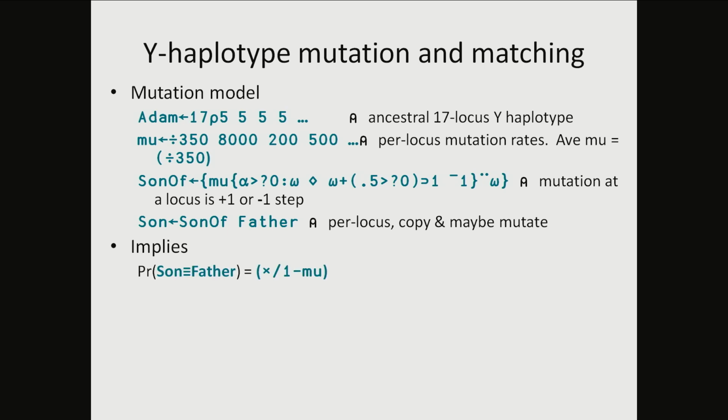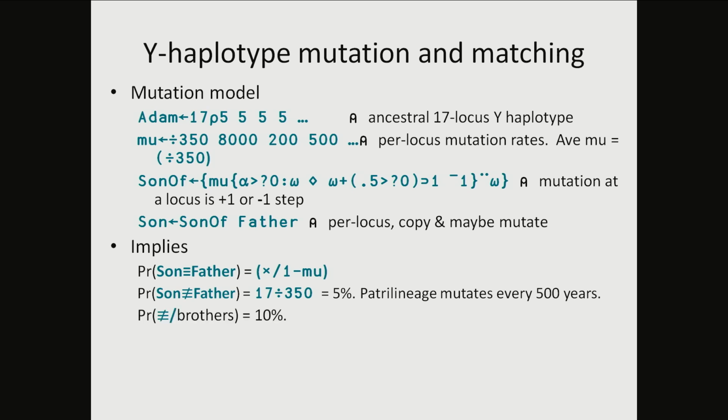This implies a few things. The chance of a son being identical to a father is 95%. The chance that the son is non-identical to a father, distinguishable, is about 5%. And the chance that brothers are distinguishable is about 10%, because there could be a mutation on either of the events of either brother being conceived.